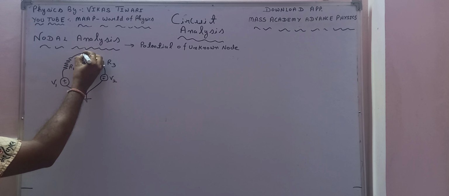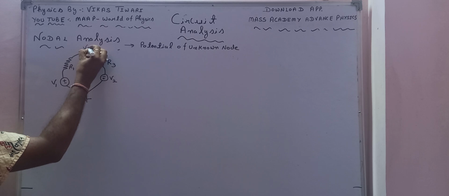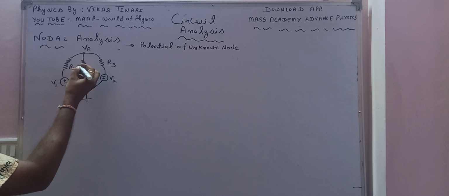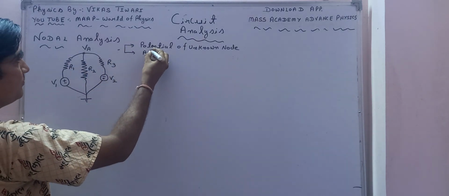So we can consider that the potential of this node is VA. This is an unknown voltage. I don't know what this voltage is, but to get its value, I will always keep this unknown potential at higher potential.